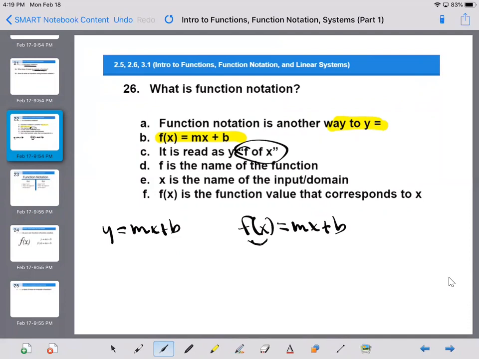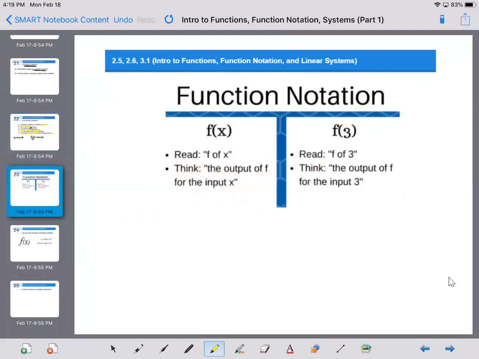F is the function name, x is the name of the input, and f of x is the function value when we have something for the input. So f of x, think of it as the output of the function whenever we have an input that is x.